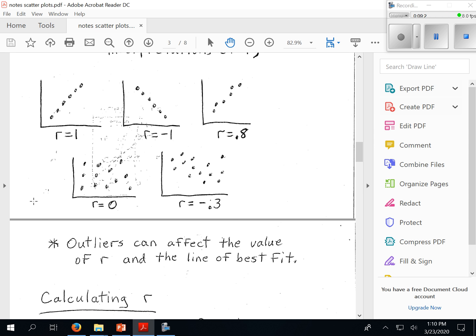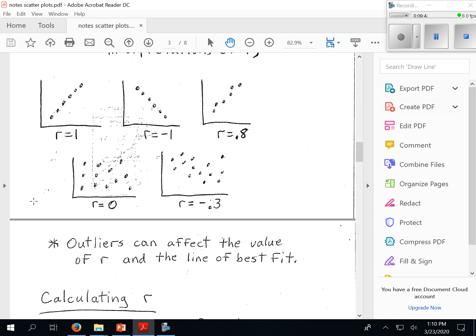If you have correlation coefficient R that's 1, then you have a perfect positive correlation. If it's a -1, like in the second graph, then you have a perfect negative correlation. And then if you have where R is like 0.8, and we're going to talk about this more, and we'll have set rules for this.